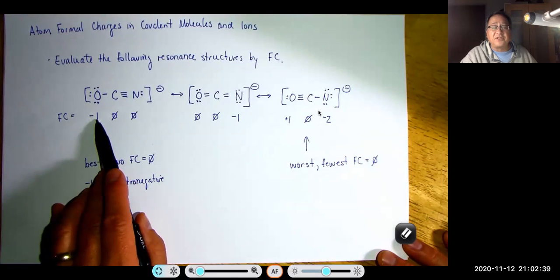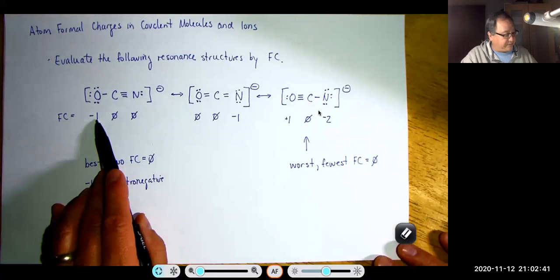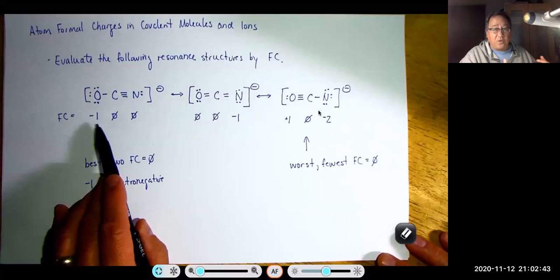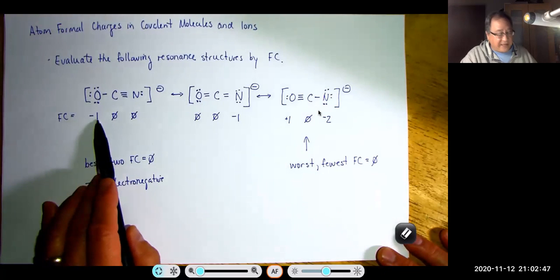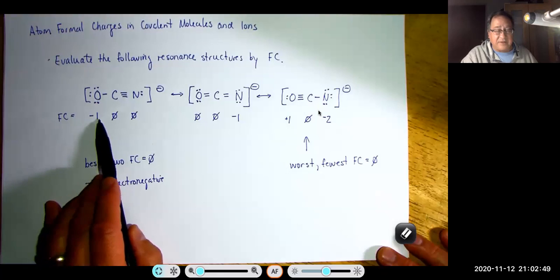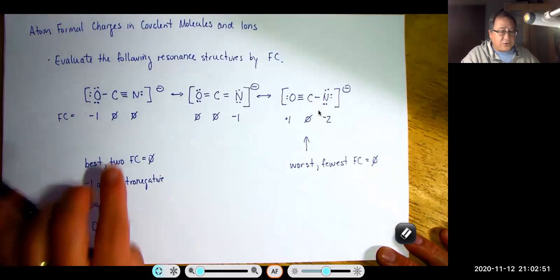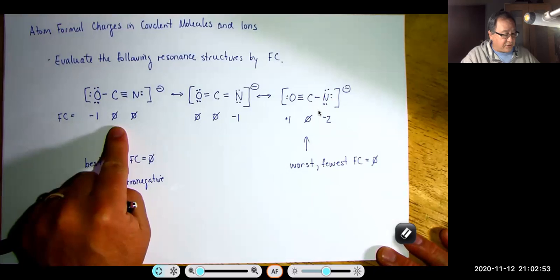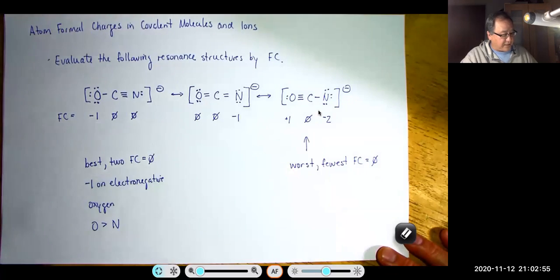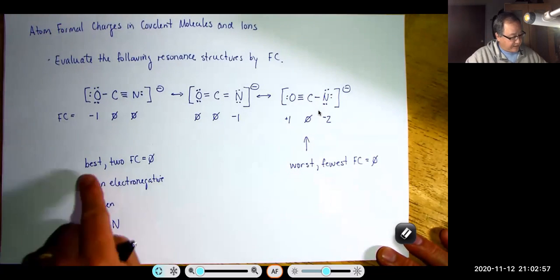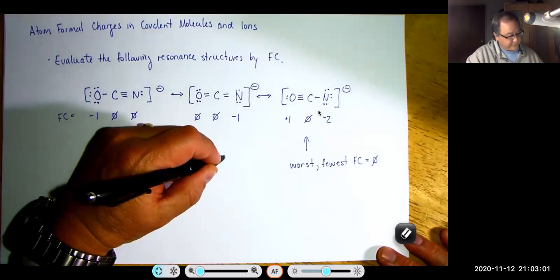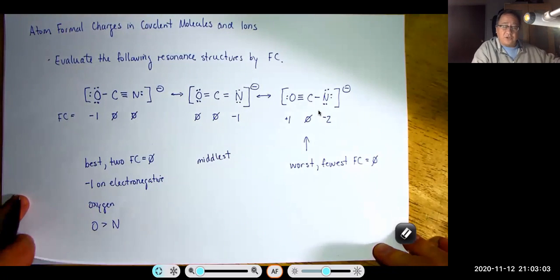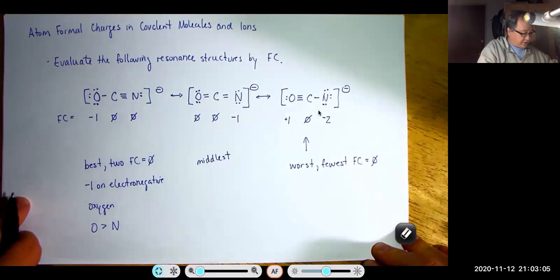It doesn't have as much electron affinity as oxygen. And remember, electron affinity is you want an electron. So since oxygen has greater electron affinity, it would like to have that electron rather than nitrogen. So this structure is more important than this one, and this is the least important. So that's why we have worst, best, and the middle. And that's how you use formal charge to evaluate Lewis structures.